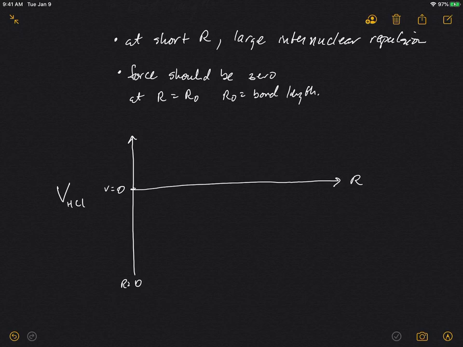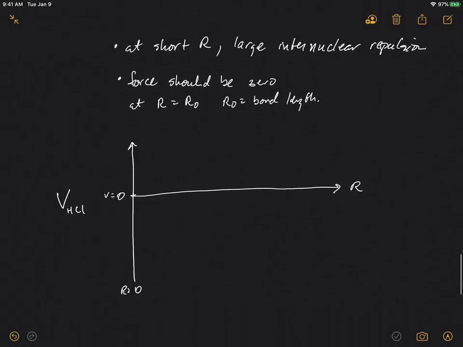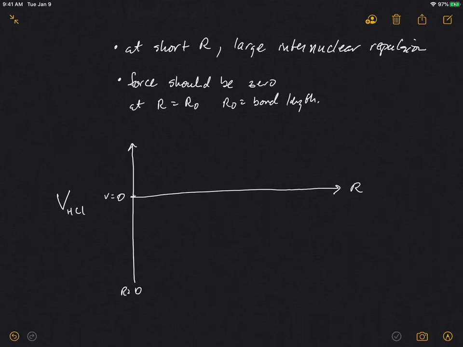And I said previously that we have this large internuclear repulsion, and we know that force is equal to minus dV/dr, and there would be this large force to the right at very short r.